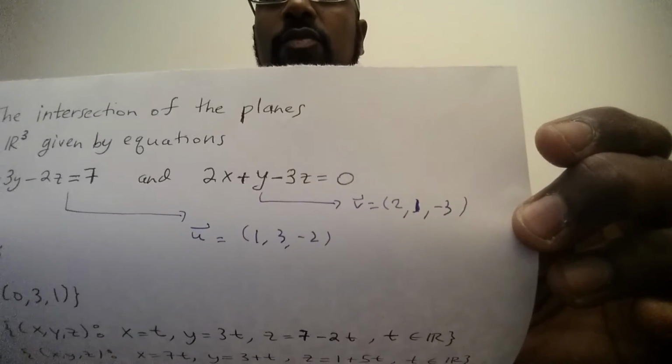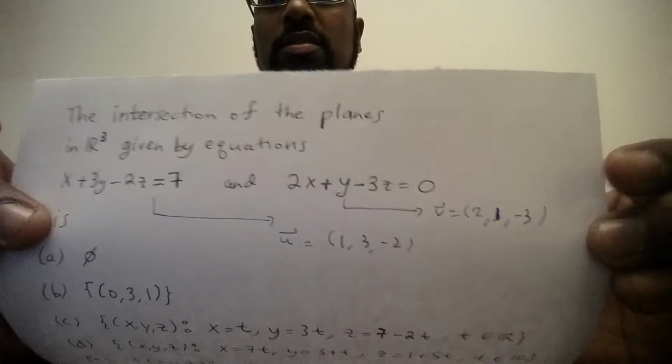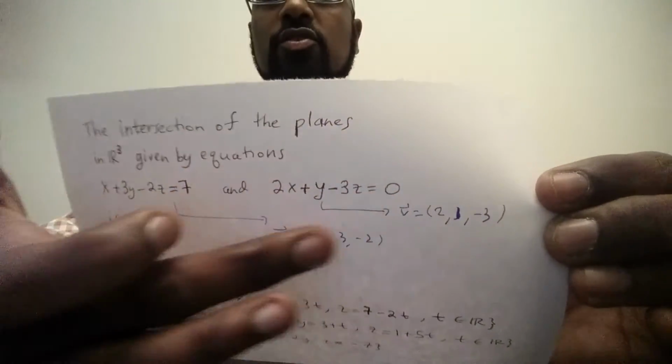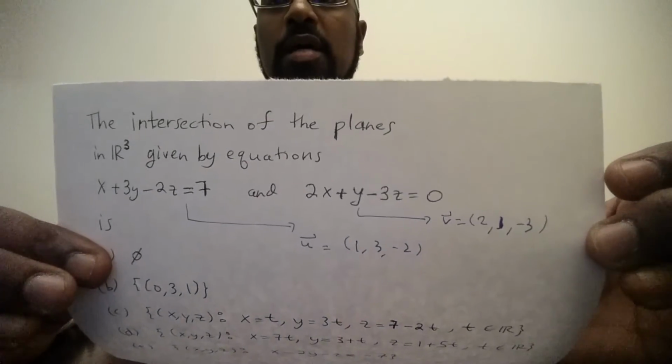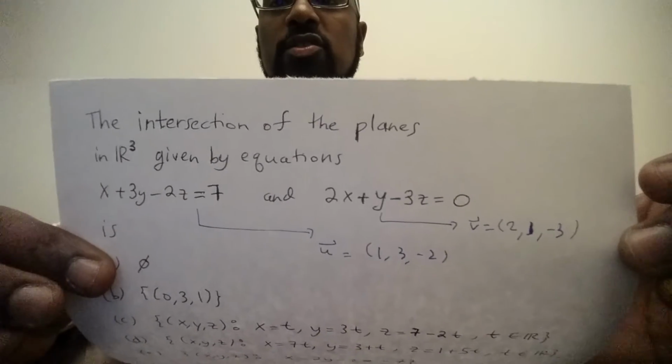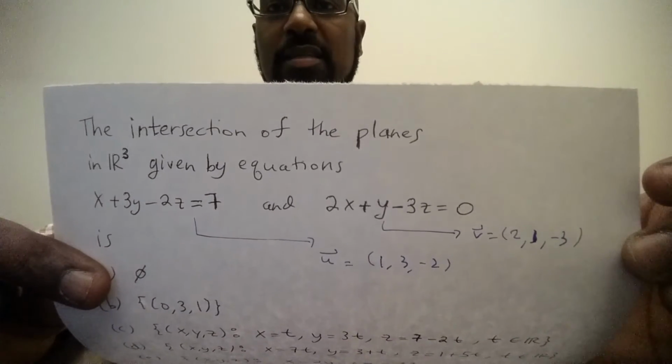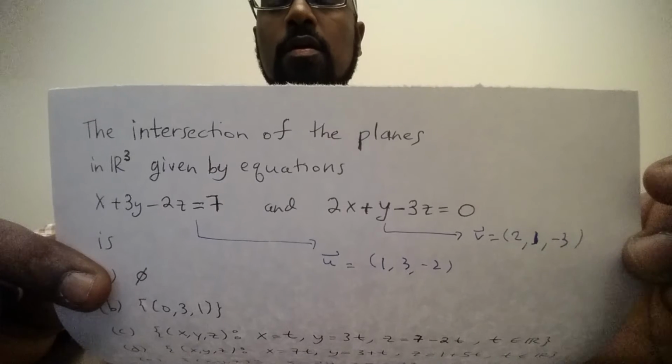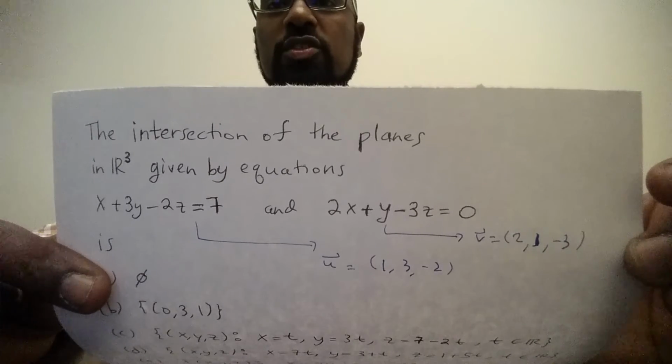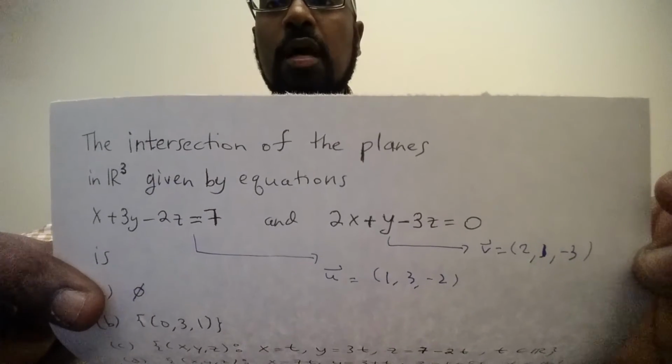Now, why are these helpful? Because as a consequence, notice these two vectors are not parallel. And so these two planes must intersect. The intersection of these two planes is going to be some line, because these two planes are not the same plane.